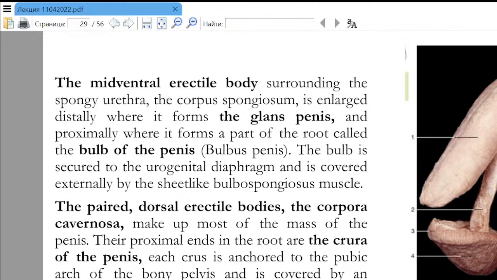You see, this is the corpus spongiosum, corpus cavernosum. This is the bulbospongiosus. This is the crus cavernosum.